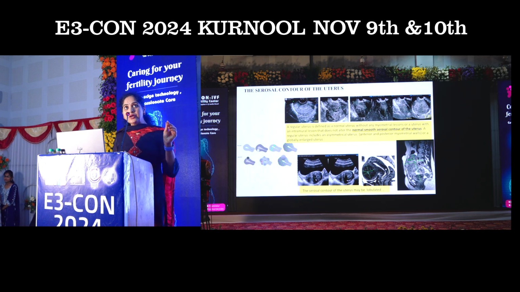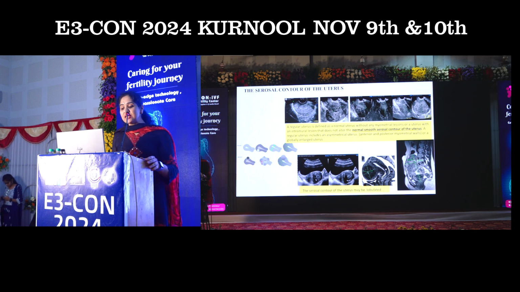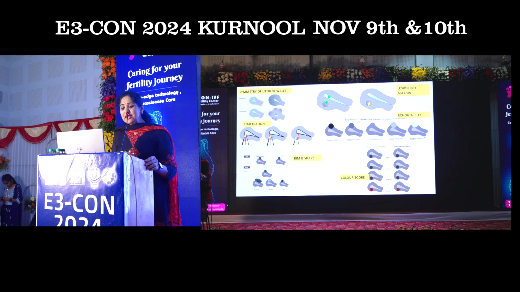So the serosal contour of the uterus can be normal in a normal uterus or in any pathology which hasn't affected the outer serosal reflection. On the contrary, the serosal contour can be lobular, secondary to myomata or secondary to any mass lesions indenting and disrupting the serosal outline. Then you look into the symmetry of the uterine walls. Anterior and posterior are normally symmetrical.